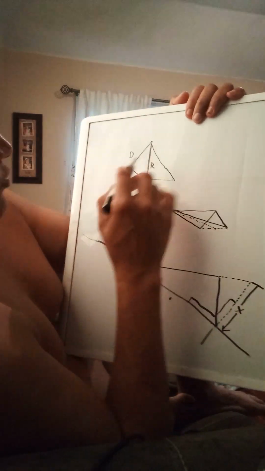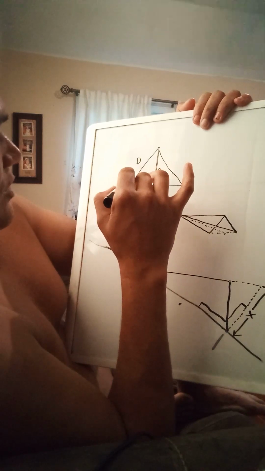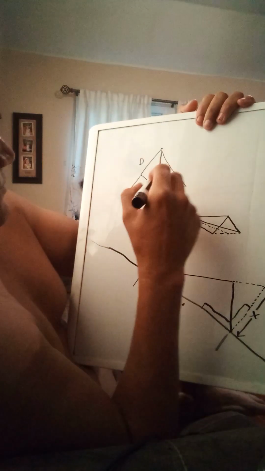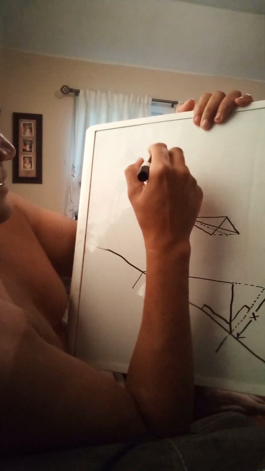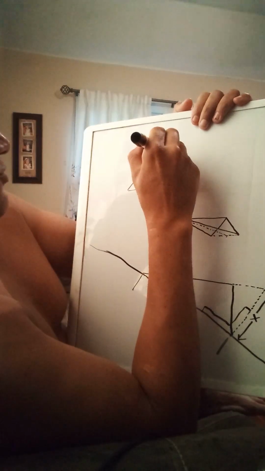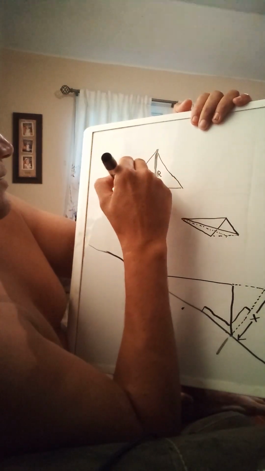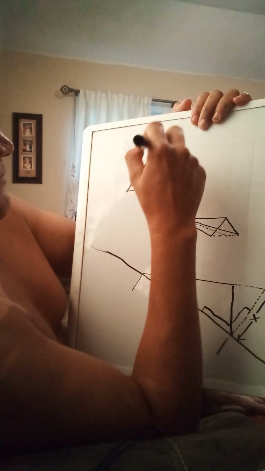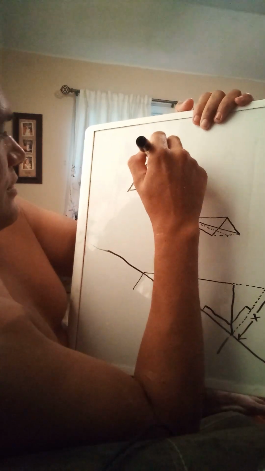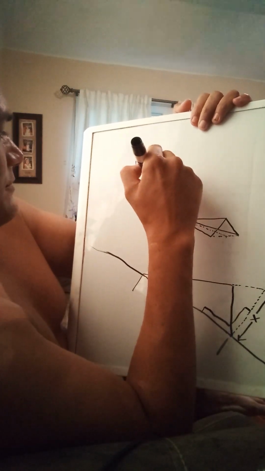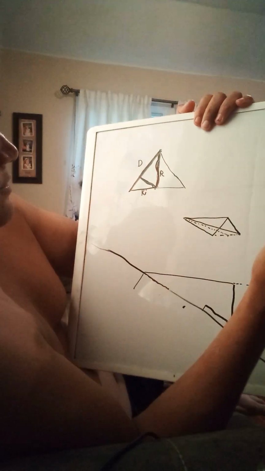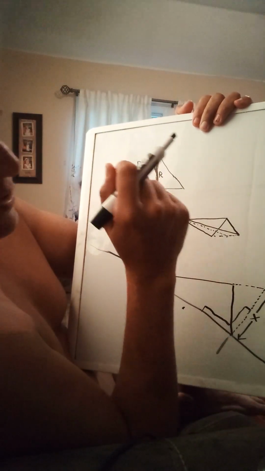Okay, once we have all that information, what we need to do is convert this bigger triangle right here and scale it down to this triangle here. But keep track of what information we need.